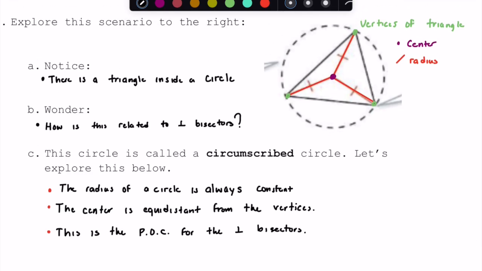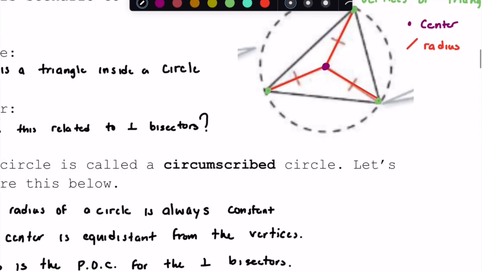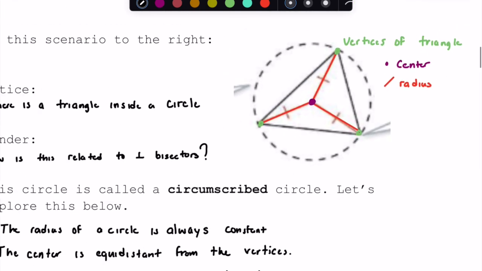Okay, so this circle has a special name. This is called a circumcircle, or a circumscribed circle. The circumscribed circle relates to the perpendicular bisectors. It's the circle that touches the vertices of the triangle once, and it sits on the outside.